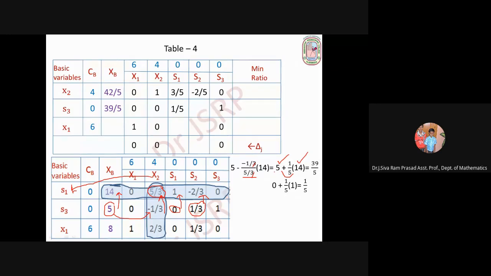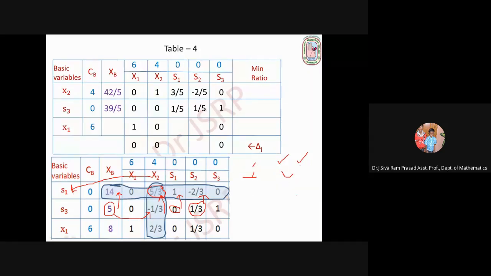Just replace here: 1 by 3 plus 1 by 5 into minus 2 by 3. Take LCM, 5 into 3. The 3 gets cancelled, 5 minus 2, 3 by 5 and 3, again the 3 gets cancelled. This is 1 by 5. This is the second row calculation.